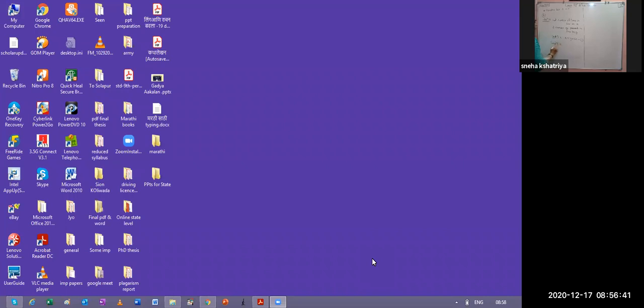Directly it will come: there are 4 legs to lion, so 4 into number of lions plus there are 2 legs to peacock, so 2 into number of peacocks is equal to 140. Now we have to find the number of lions and peacocks in the zoo. Means we have to find out the values of X and Y.